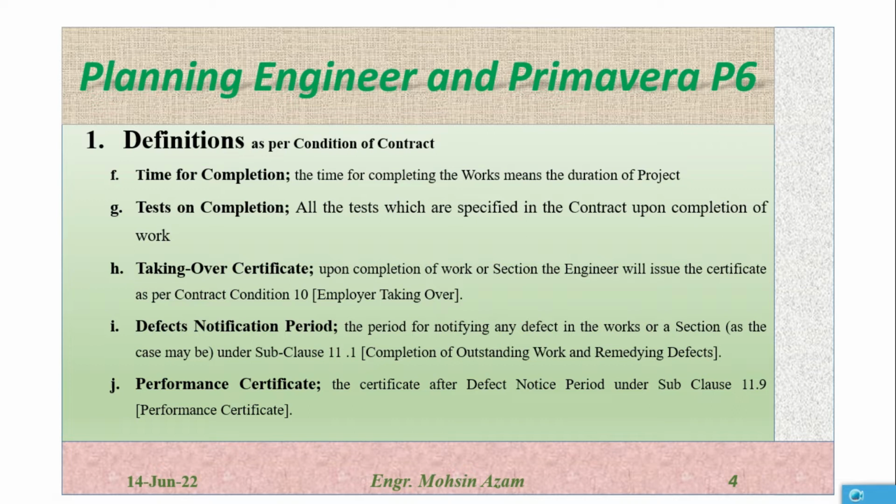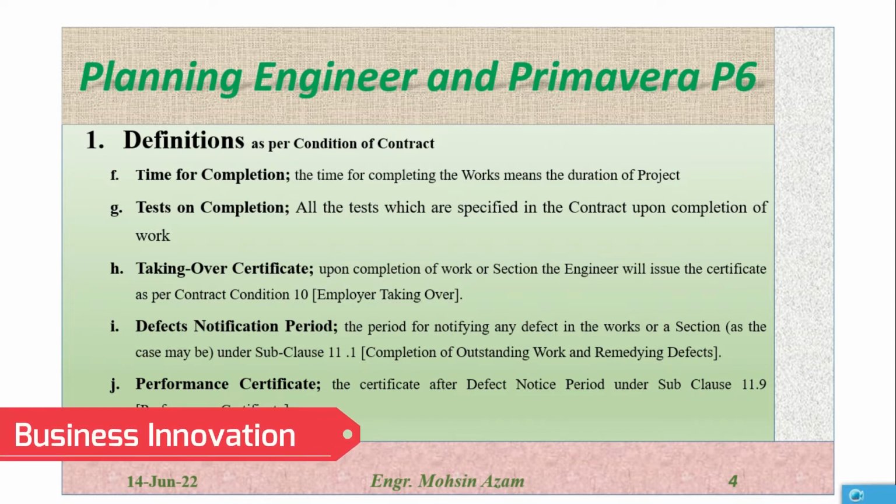Defect notice period, as it's written here. So after completing the project and taking the taking over certificate from the engineer, the defect liability period will start. In most cases, the duration for the defect liability or notice period is 1 year.